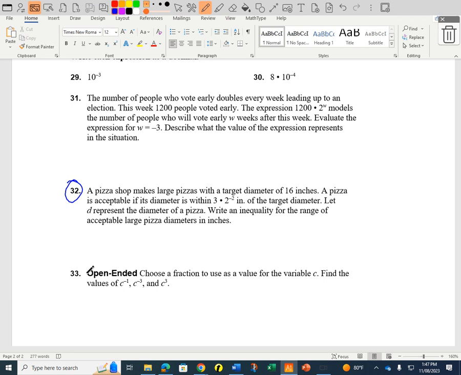I'm going to give you the format of what your answer should look like. It should be D is greater than some number and D is less than some number. So you've got to tell me what goes in those blanks. Hint: you're going to be evaluating this expression on your calculator, and then make sure you're reading the problem. I want you to try to figure it out for yourself. I don't want to do that one for you.